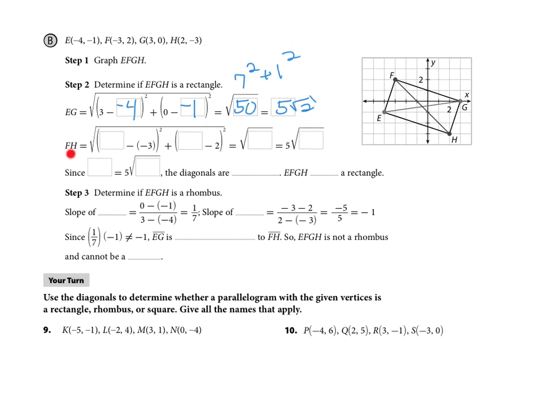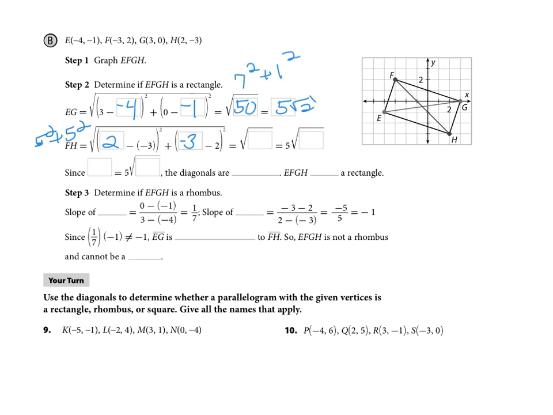Then we want to go ahead and find the distance of FH. So from F to H here, x2 is 2 minus negative 3 to begin with. So you know the direction we're subtracting. So 2 minus negative 3 all squared. And then finally we have negative 3 minus 2 all squared. And you can see again you've got 5 squared and another 5 squared, or negative 5 squared, same thing.